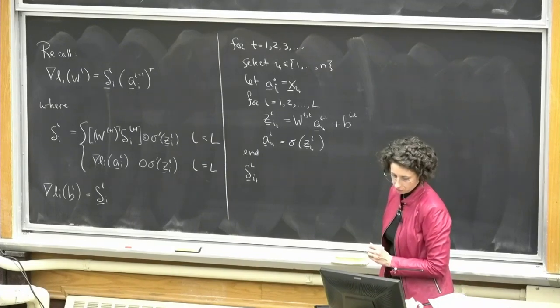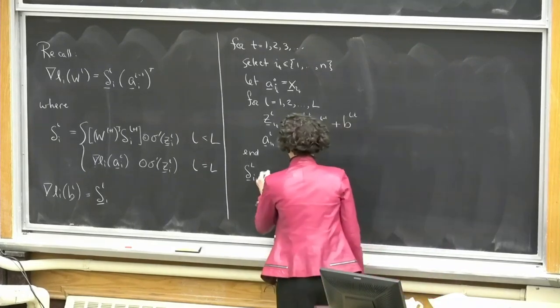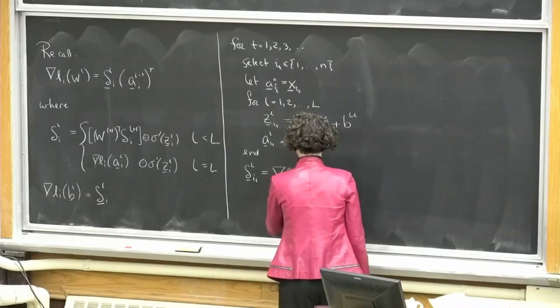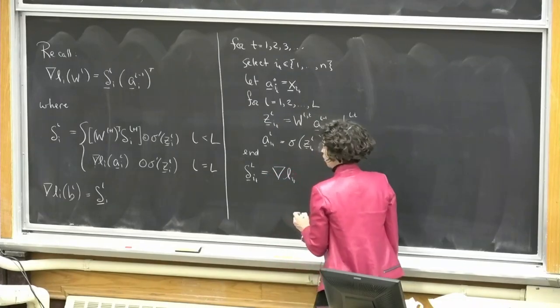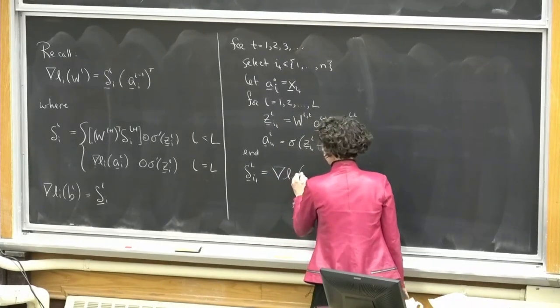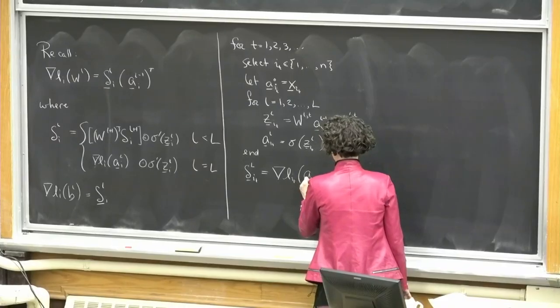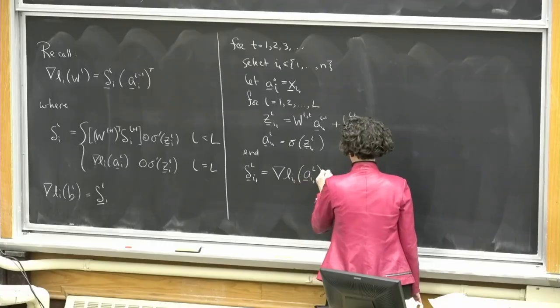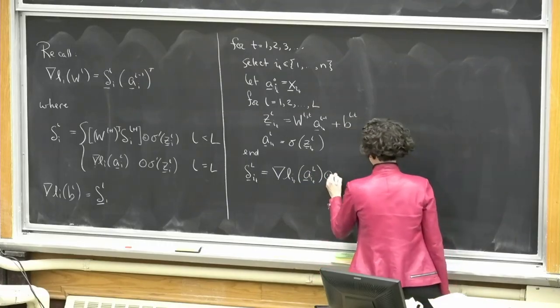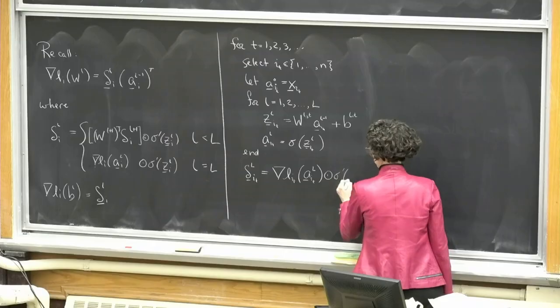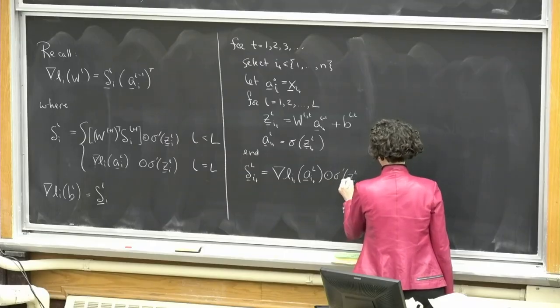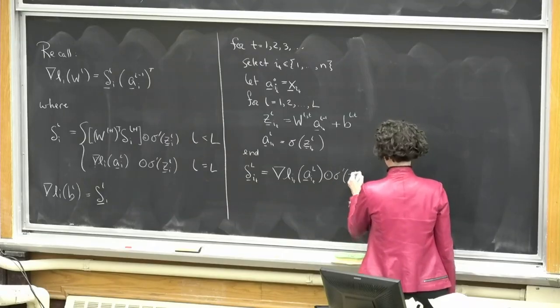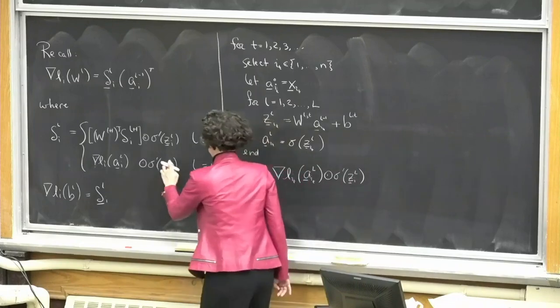So it's simply going to be equal to the gradient of L_{i_t} with respect to A for i_t for layer L, element-wise product with sigma prime of z_i capital L. And over here, I should write a capital L as well.